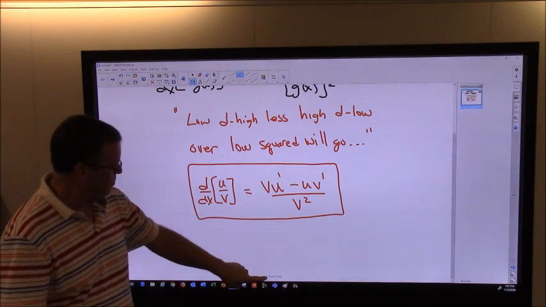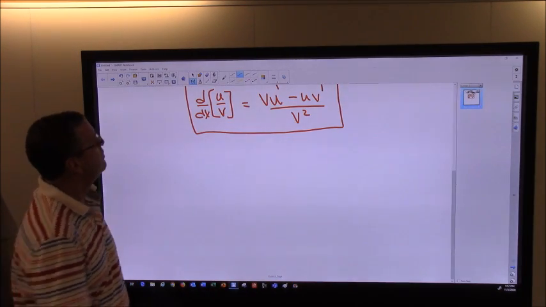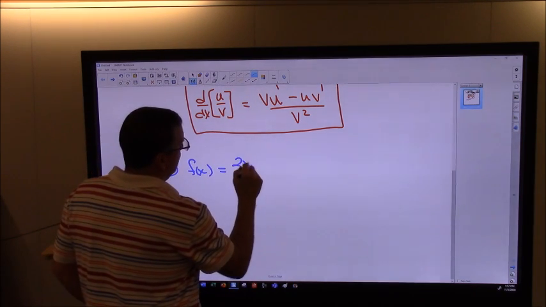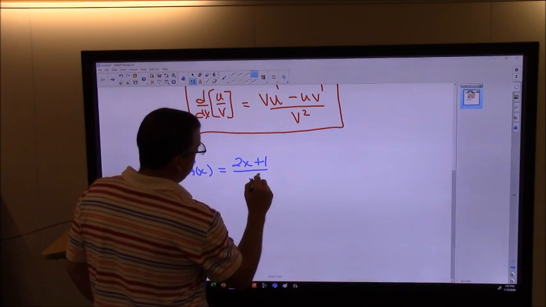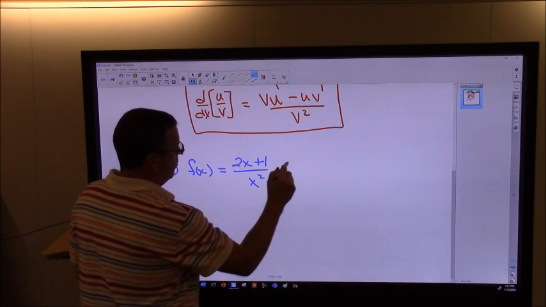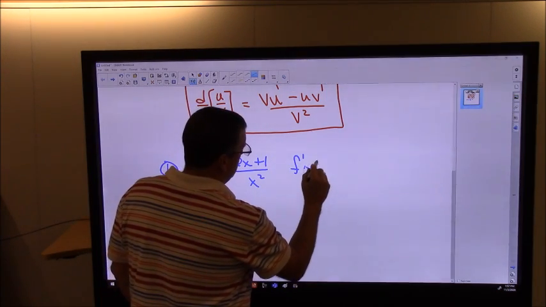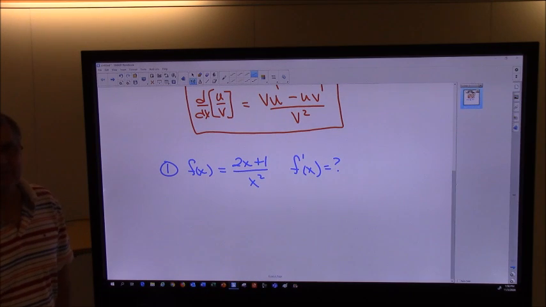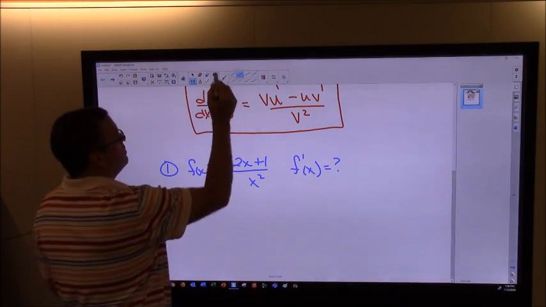Okay? Let's do an example of this. Let's say I have f of x equals 2x plus 1 over x squared, and we want to find f prime of x. What is it? Well, let's step our way through this.